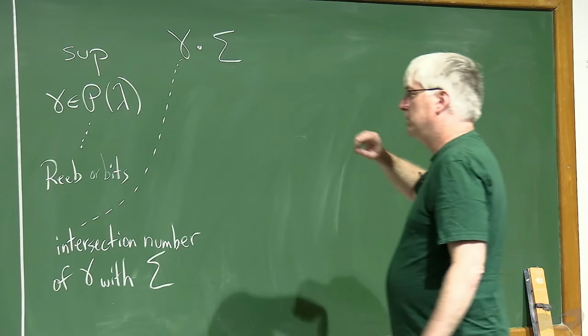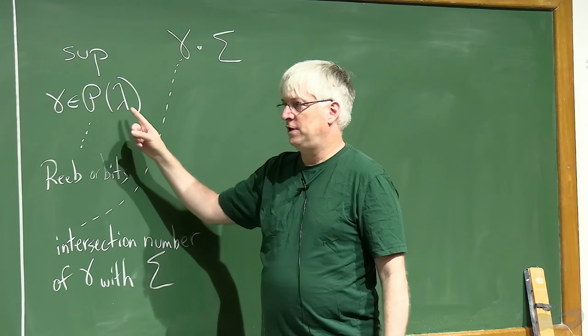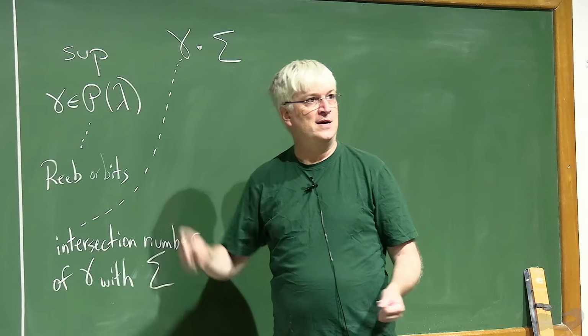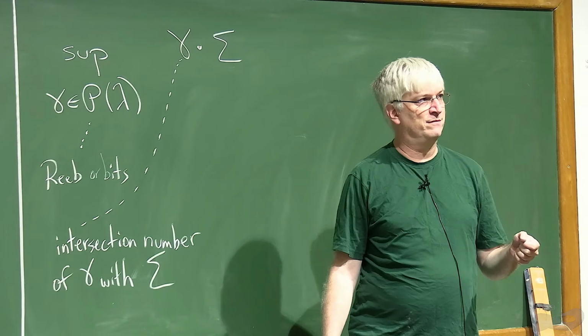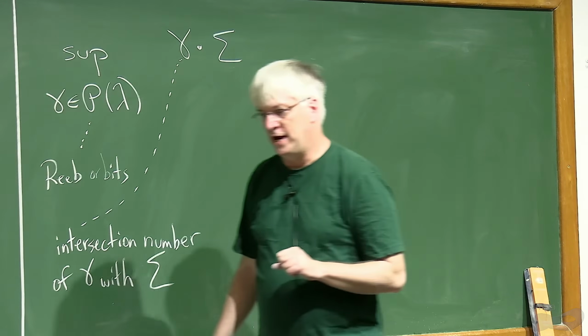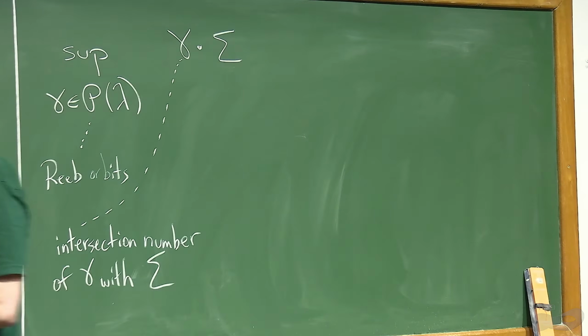Gamma is also allowed to be one of the Reeb orbits on the boundary of sigma. In that case, there's a more complicated definition. Instead of writing it down, let me just tell you informally what it means. You start at some point near the Reeb orbit, close enough that you stay near the orbit, and you follow the Reeb flow k times, where k is very large.